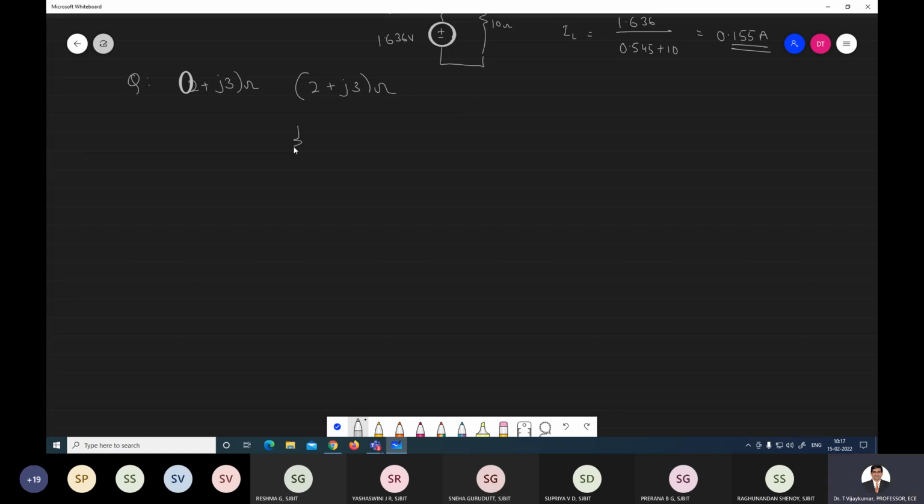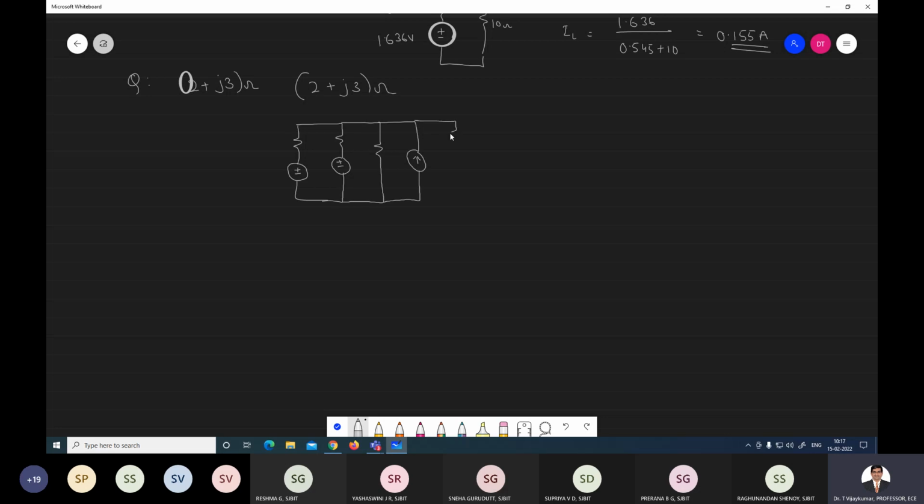This is the circuit: a resistor, and this is the voltage source, positive, negative. And here a resistor, positive, negative. And here there will be one resistor, and again one current source is connected here.